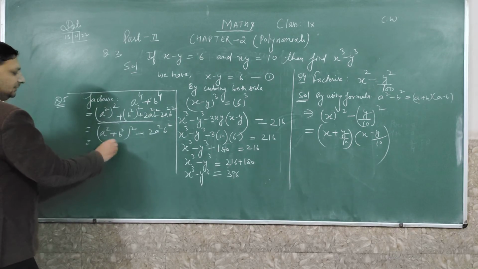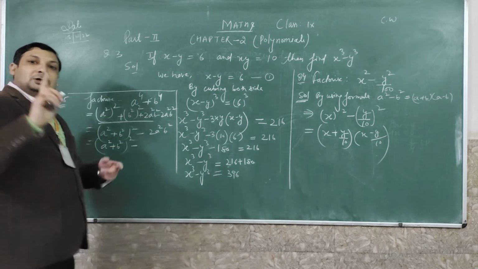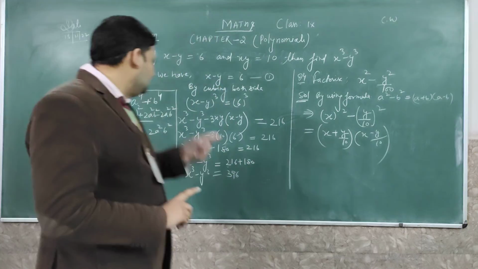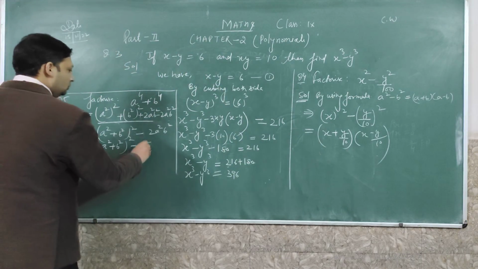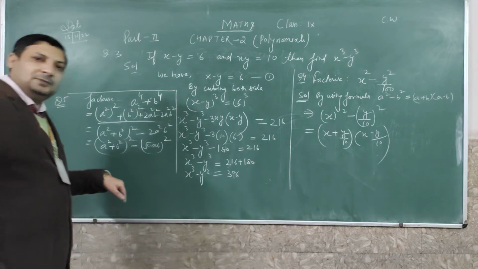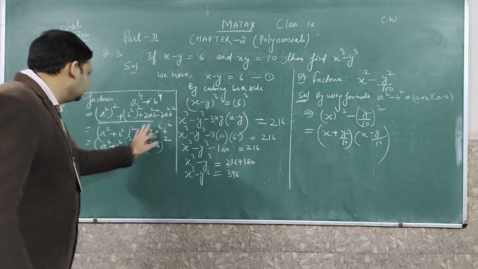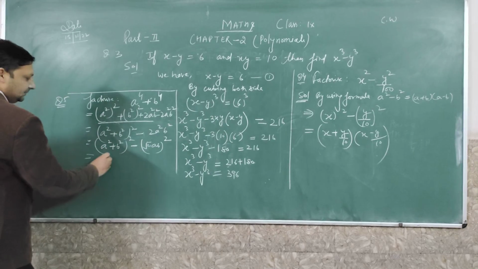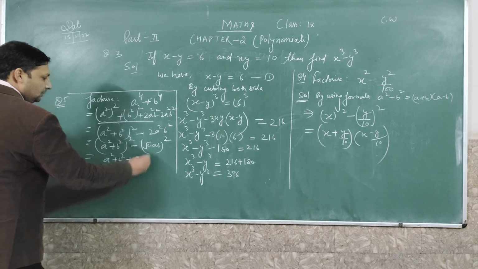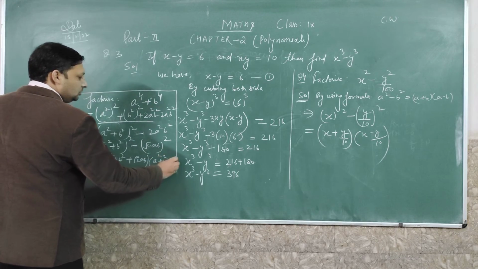Now here 2 is not a square of any number. So if we want to make a square, we will use the sign of root: root 2ab whole square. Now I have again made one formula, a square minus b square, which gives the answer a plus b plus root 2ab, or a minus b, a square plus b square minus root 2ab.